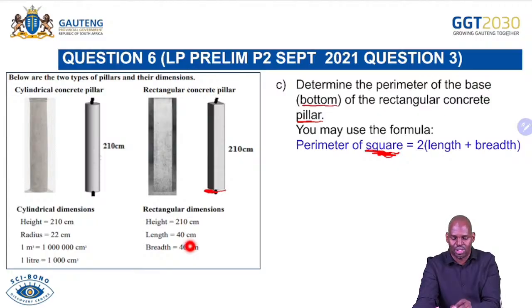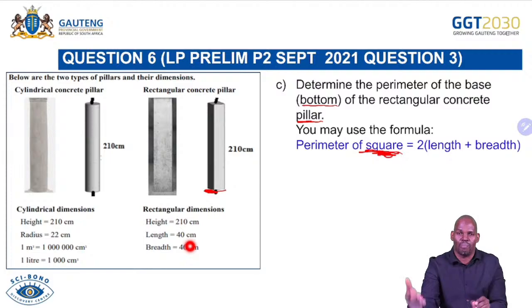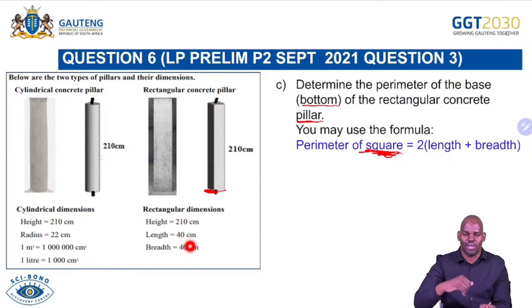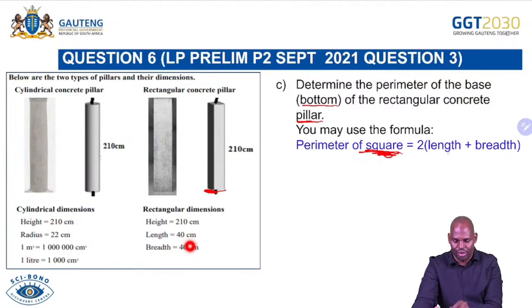For that one, the examiner says determine the perimeter of the base of the rectangular concrete pillar, but we know that the bottom part and the top part of the pillar are in the form of a square. So that is why the formula is given there. So perimeter of a square is 2 open bracket length plus breadth, close the bracket. Remember, you don't change the addition to multiplication. The only thing that you have to do is just to substitute.